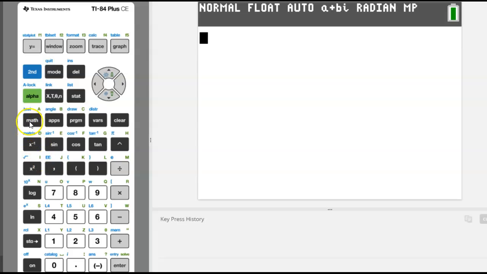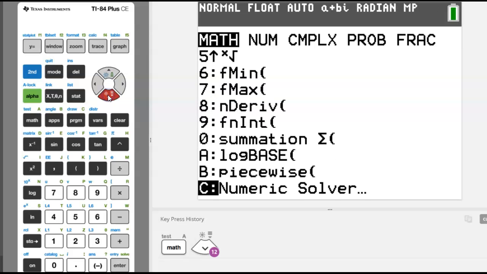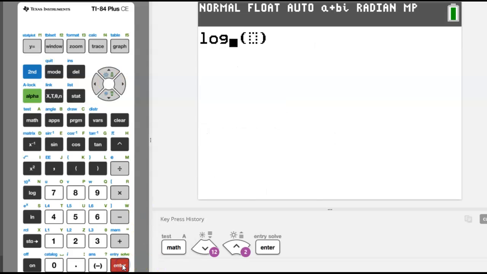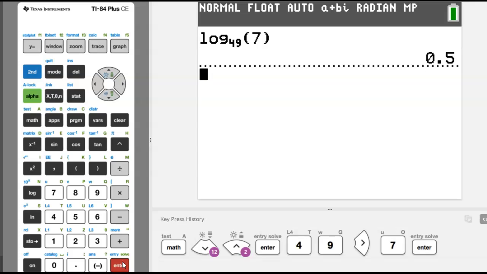And to get that, I believe, I haven't done it in a while, but I think it's math. Is it 0? Let's see. Oops, went too far. It's A. So do math, go down to A, press enter, and you see now I have where I can type in the base that I want. So 49 is the base we want, and we want to take the log base 49 of 7. Press enter, we get 1/2.